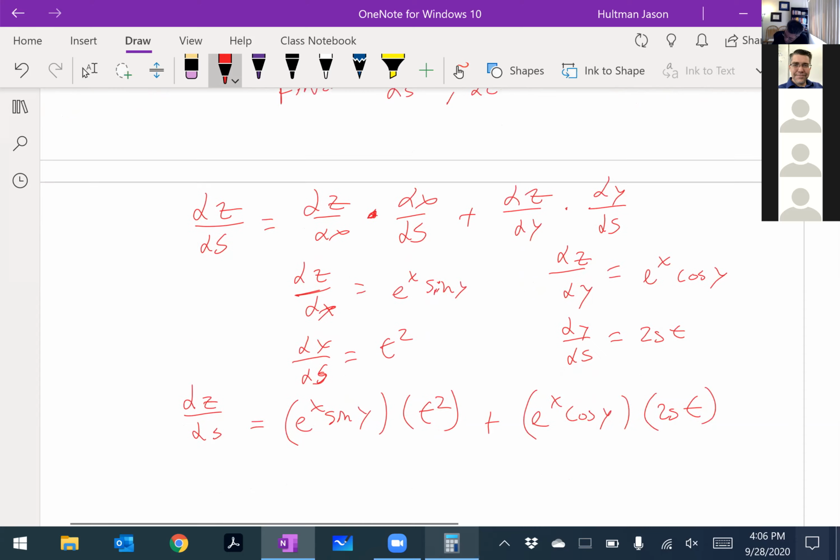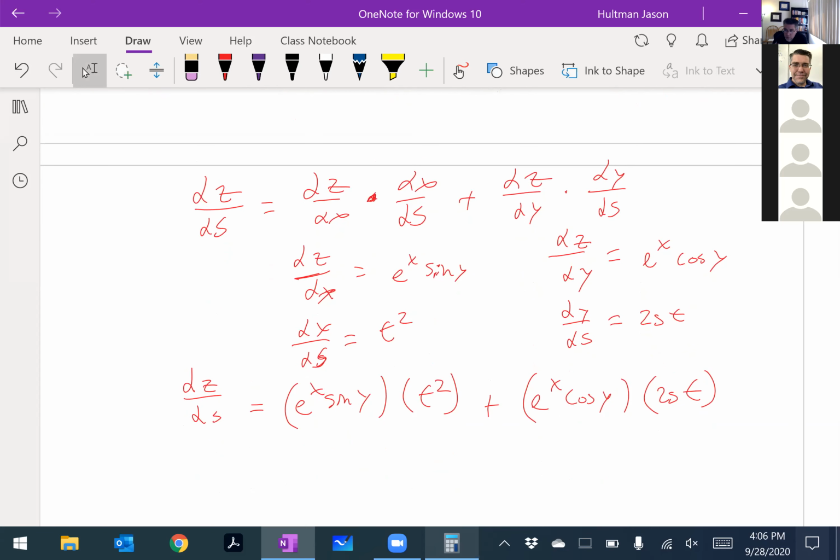Now, I don't want 4 variables here, I only want 2. I want dz ds in terms of s and t. So, well, I already know what x and y are in terms of s and t. That's the parameterization. So what was x? I'm going to rewrite this as t squared first. This is going to be t squared times e to the st squared, since x was st squared, times sine of y.